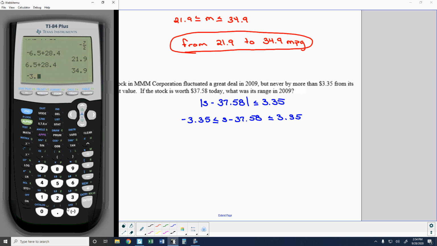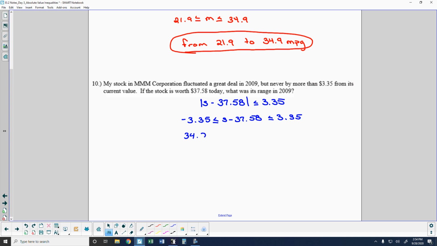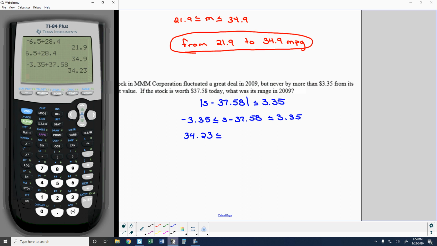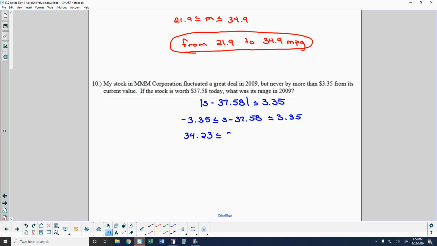So I can take negative 3.35 plus 37.58, which would be 34.23. And I could do 3.35 plus 37.58, which would be 40.93.